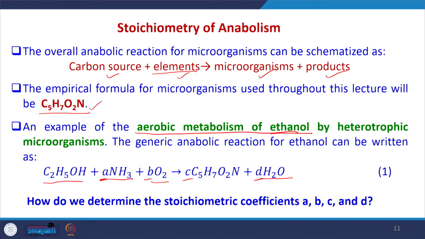Through balances we can find out the values of A, B, C and D. We will not be going into the very basics, but wherever some complications are there we will be discussing them, otherwise we will simply go with the balance equation.